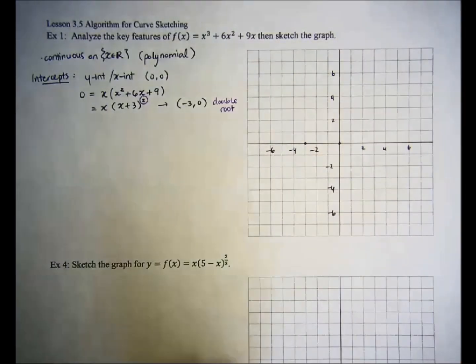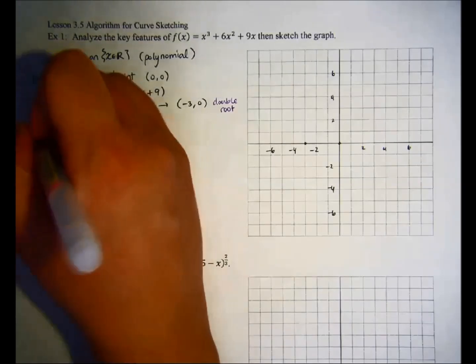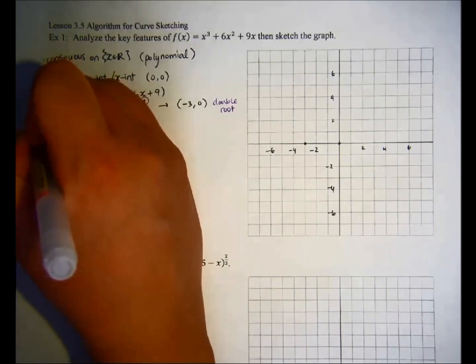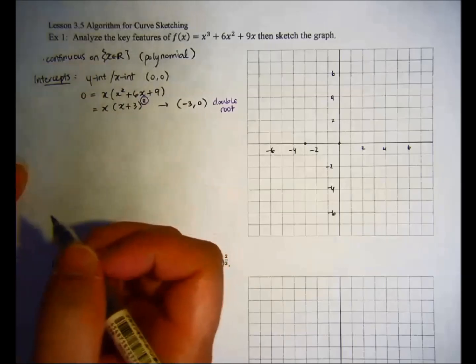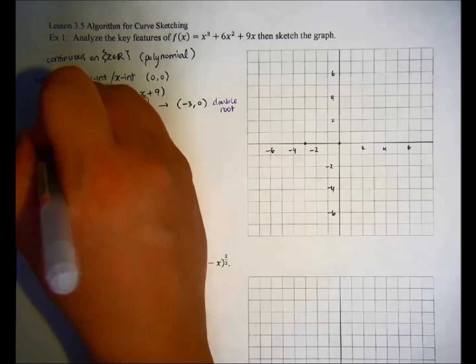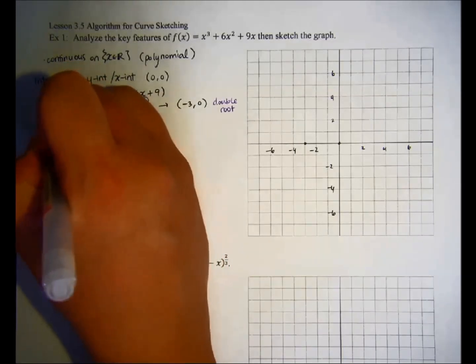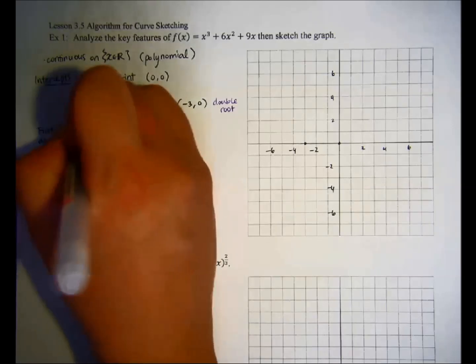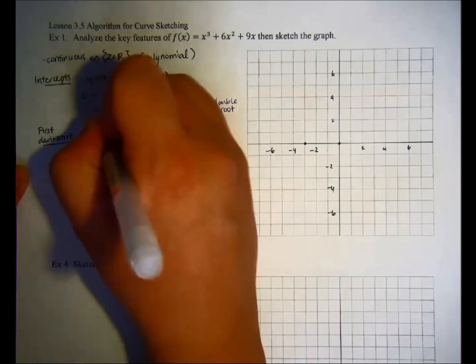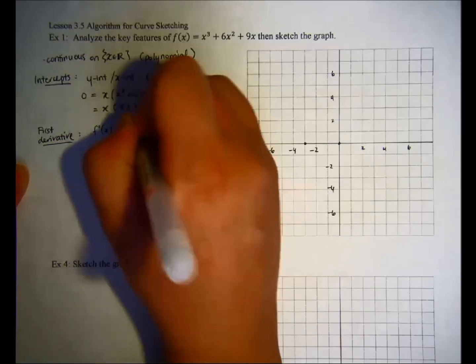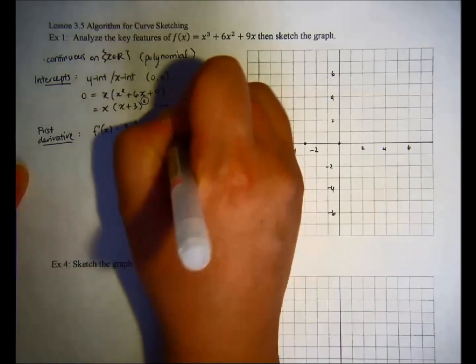Okay, our first derivative, and that will give us our intervals of increase, decrease, and then any local extrema. So f prime is equal to 3x squared plus 12x plus 9.